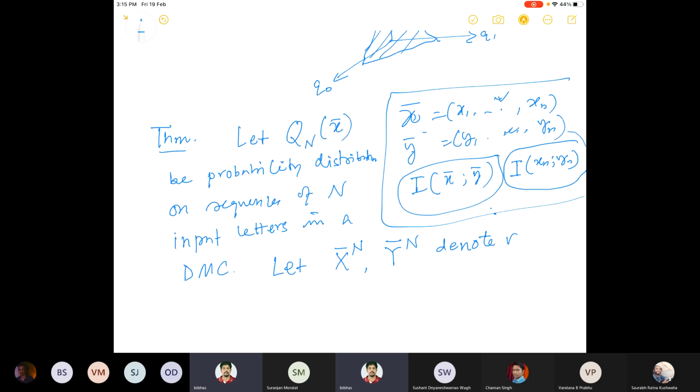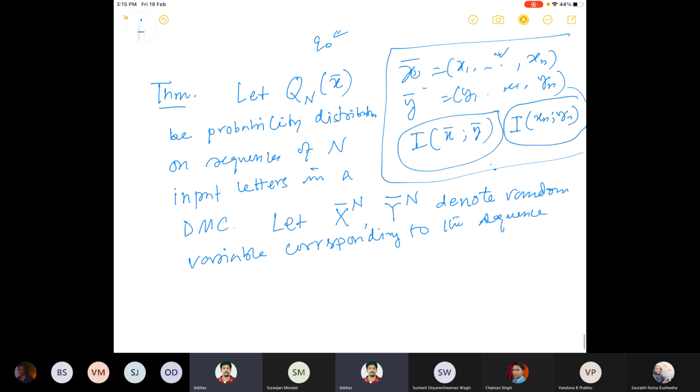the random variables corresponding to the input and output sequences respectively.